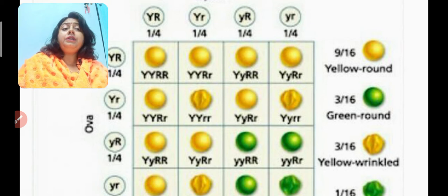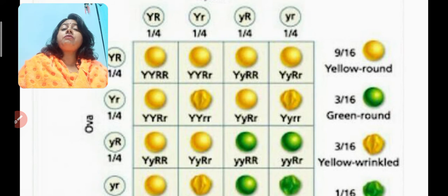Like here, 9 out of 16 would have a phenotype of round and yellow seeds, and 1 out of 16 will have a phenotype of green and wrinkled seeds, which were taken in the parental generation. And the two new varieties, or hybrids as we call, will be in the ratio of 3 and 3 out of 16.